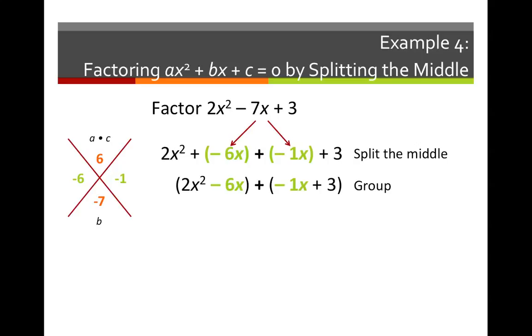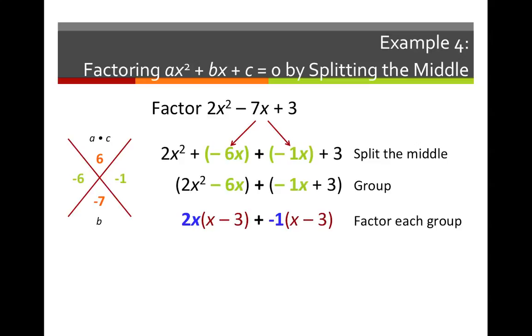And then from each group, you want to factor the common monomial. So in the first group, we have a 2x as a common factor, and when we factor it out, we're left with x minus 3. In the second group, we have a negative 1 that we can factor out. And if we factor out negative 1, that also leaves us with a parentheses of x minus 3.